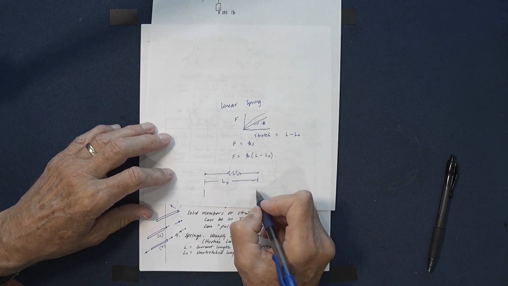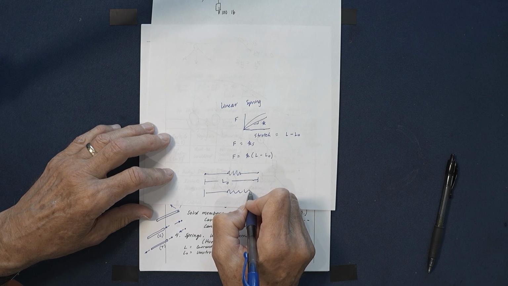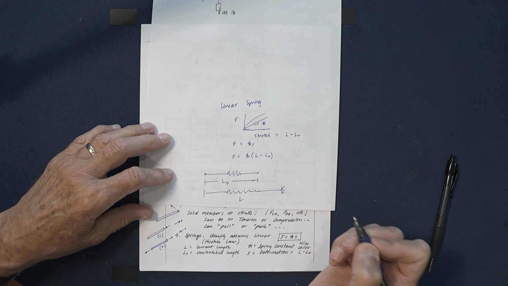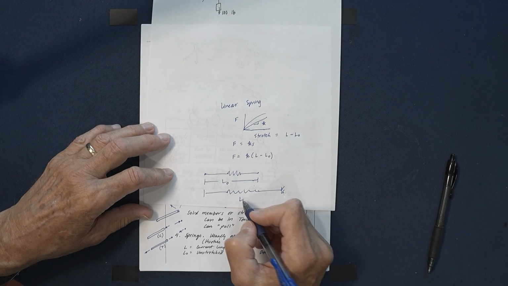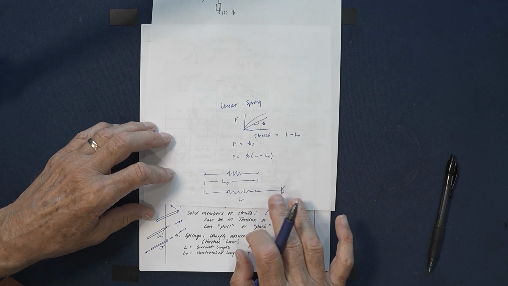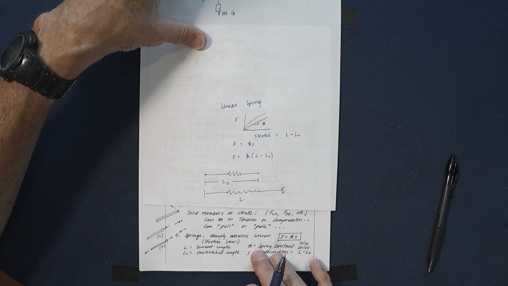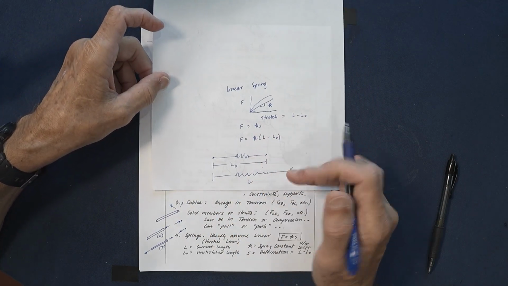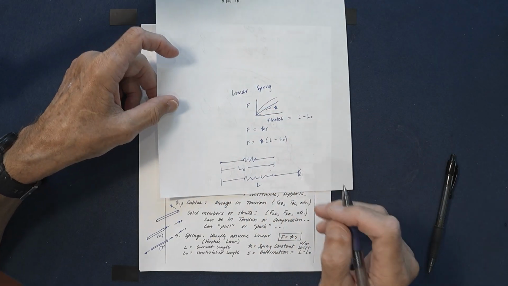But then if we stretch that spring to some new position where this is L, the difference in these two, L minus L naught, is the stretch. That's a spring equation that we will use. And this linear relationship here is called Hooke's law, as you know.